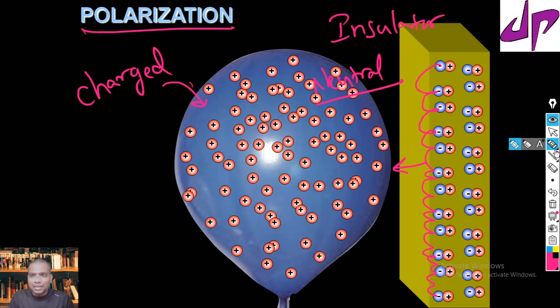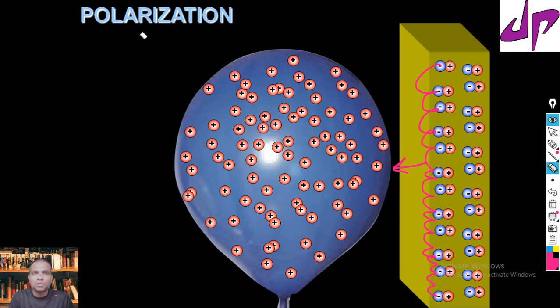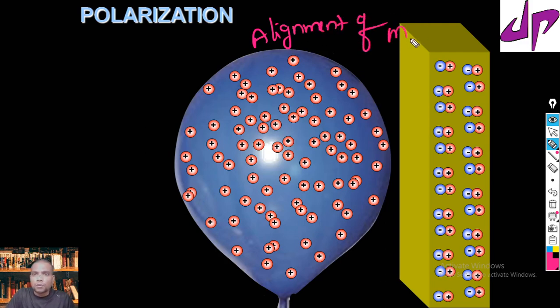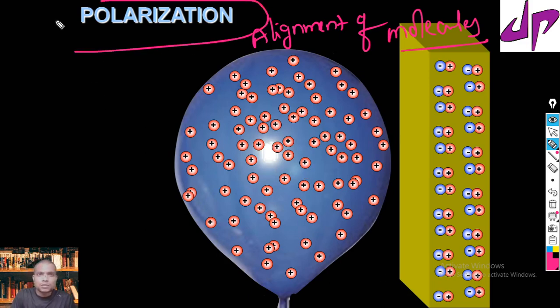Observe that orientation, or in a single word, alignment: the alignment of molecules because of this charged object. That process we term as polarization.